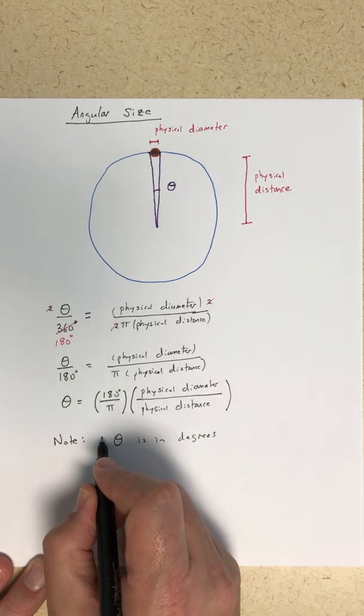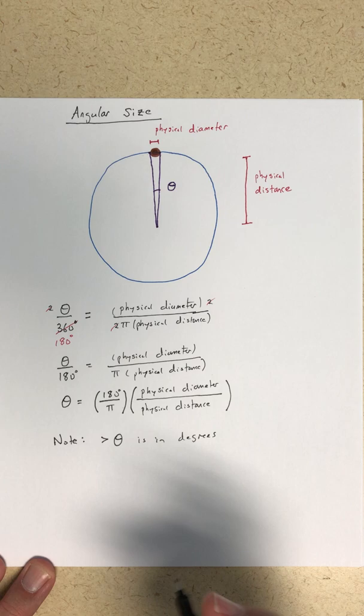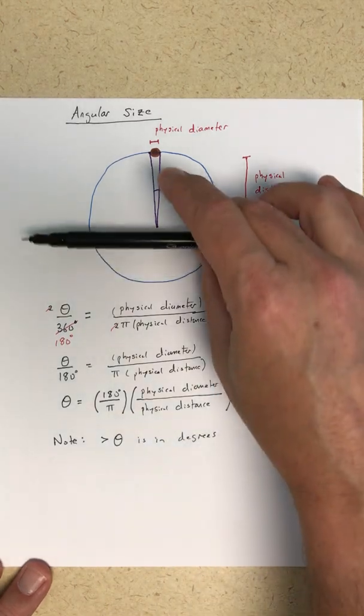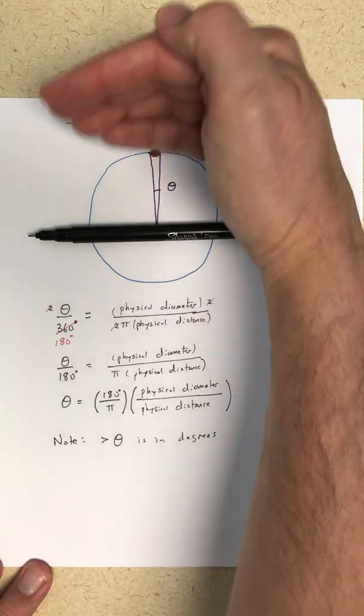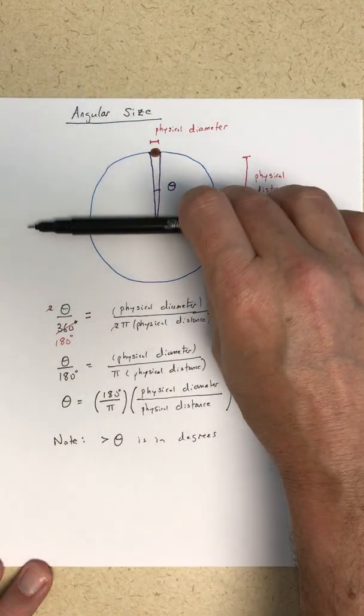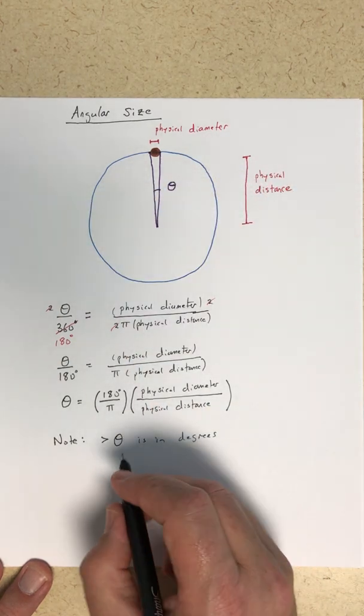So we expect to have theta in degrees. Something that filled my entire field of view, so all I could see was that object, would have an angular size of 180 degrees.